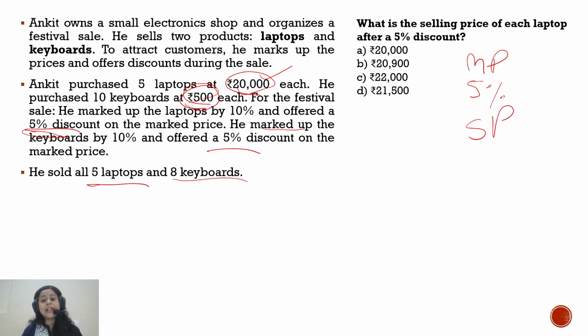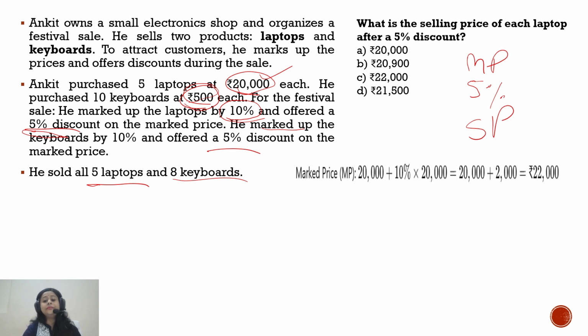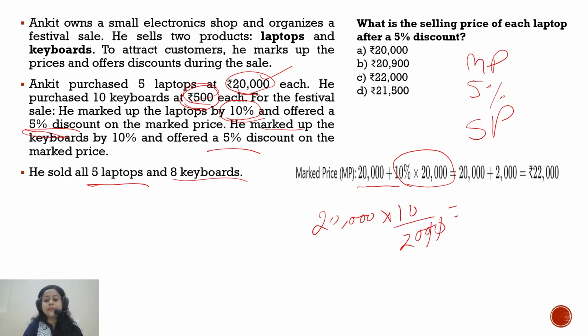So these are the 3 steps. Let us see how we will calculate the marked up price. As mentioned, the marked up price is 10% more than 20,000, because he marked up the price 10% over and above 20,000. So how will the marked up price be calculated? It's very simple. It is actually 20,000 plus 10% of 20,000, right? 10% of 20,000 is nothing but 2,000.